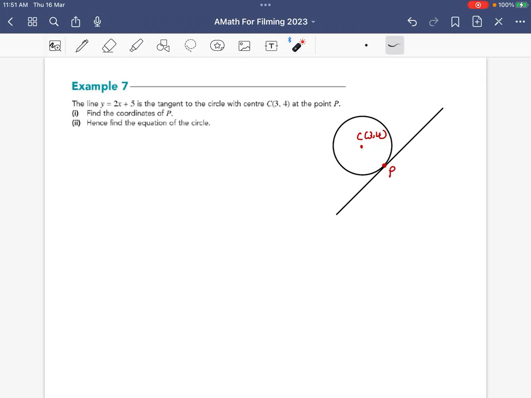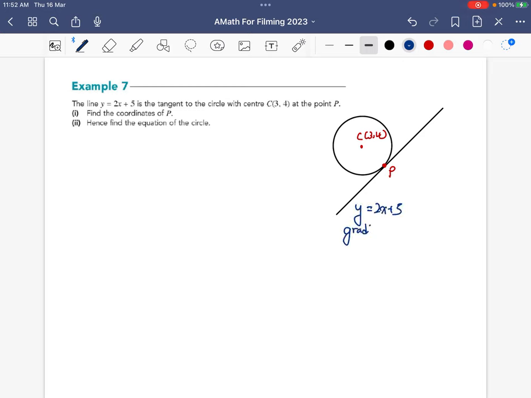The radius will be perpendicular to the tangent itself. The radius is perpendicular to the tangent, which is something that you actually learned in E-maths. So what we can do here is this: this line, y equals 2x plus 5.